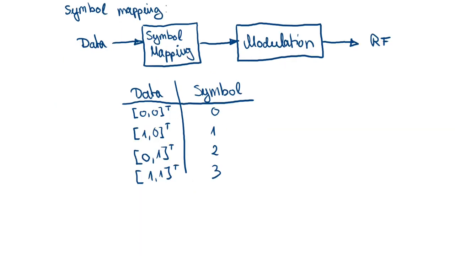So we need a symbol mapping which maps the data to a symbol. And this symbol is then converted to other representations, which can be then given to the modulator.